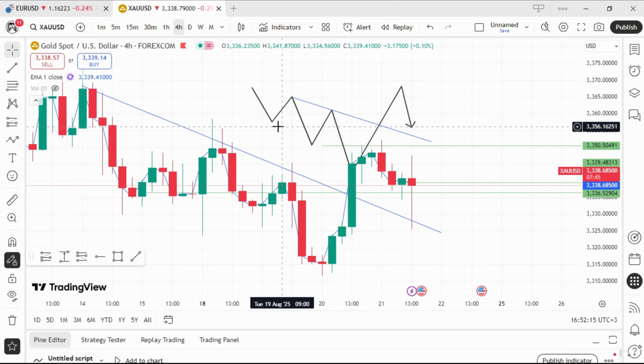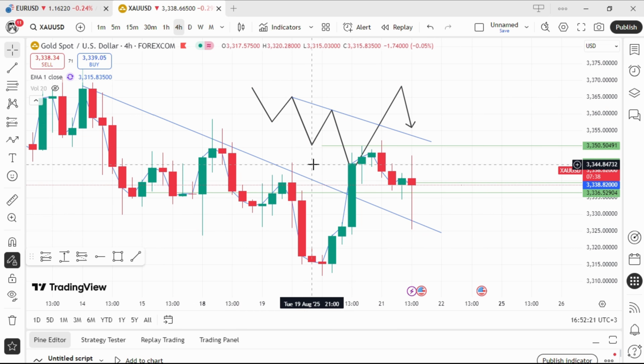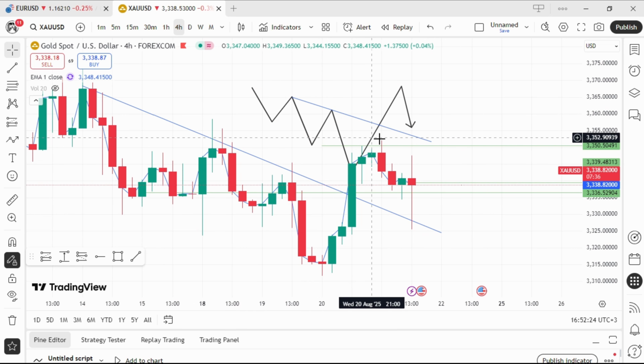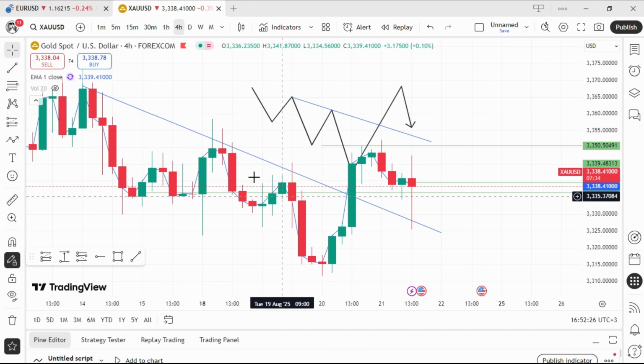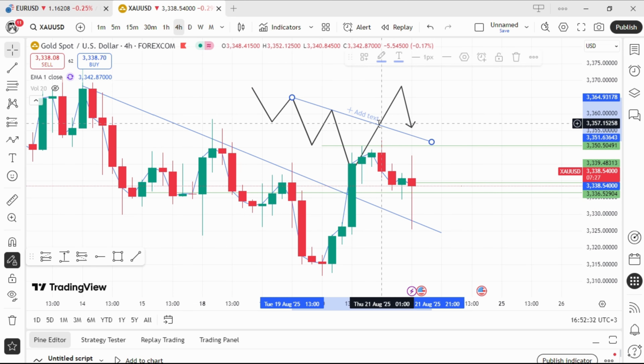This low has to take out this one, that's for the case of a downtrend, or the next high takes out the previous one for an uptrend. So when a trend line breaks, this is what happens. If it breaks, you wait for a retest, and then you trade it the same way.